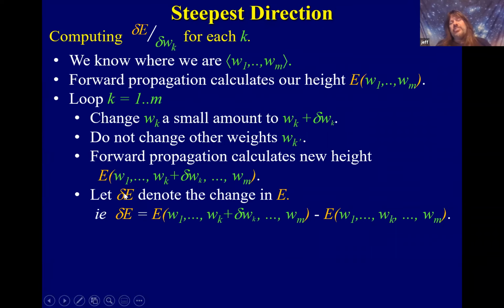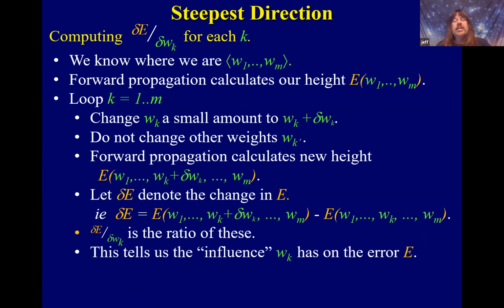We're going to take the change in error, which is the new error minus the old error, and take the ratio of how much the error changed divided by how much we changed that particular weight. It's a ratio, it's a slope, rise over run. And that's going to tell me how this weight influences the error.